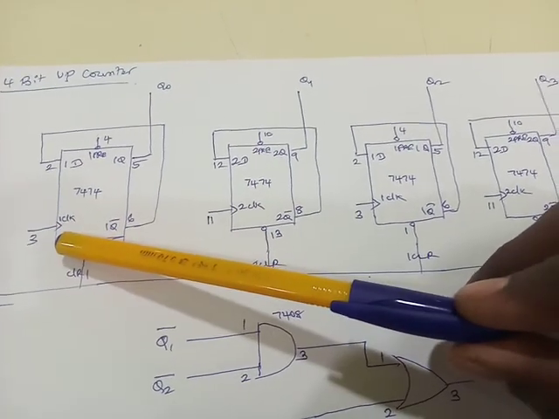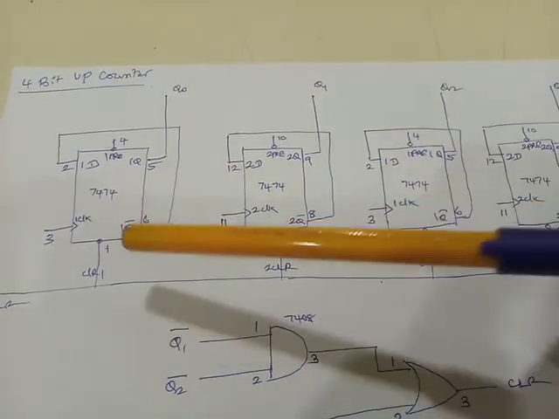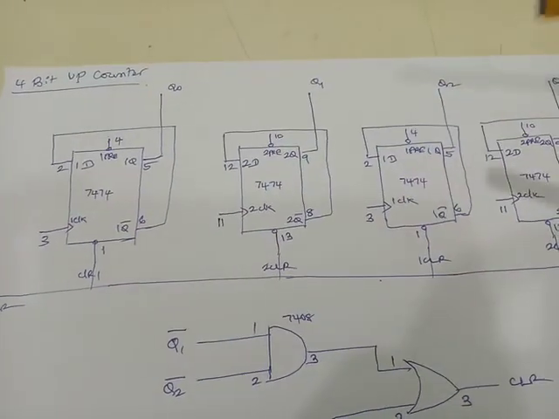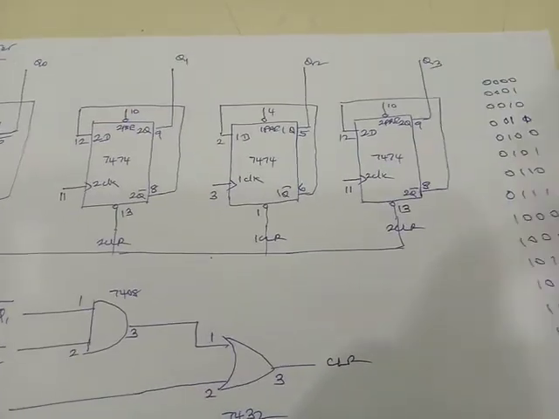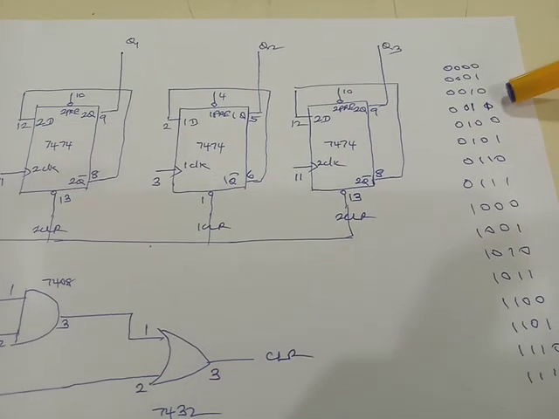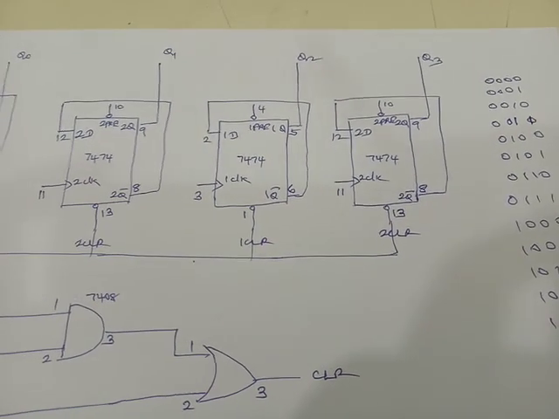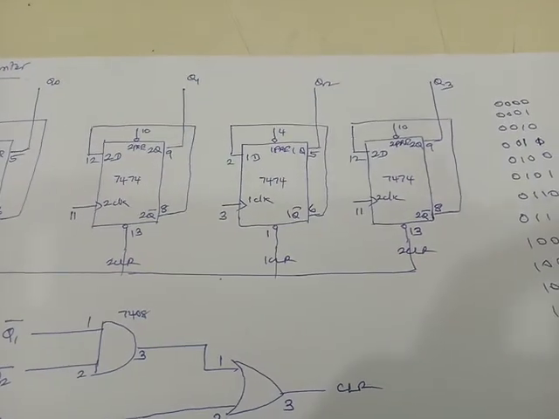If you give one more clock pulse, it will be 0001. Again, a clock pulse gives 0010, and likewise it will increase. It is an up counter, so it starts from 0 and goes 1, 2, 3, 4, 5, 6 up to 15. Now we will rig up the circuit as per this diagram and verify the 4-bit up counter using the trainer kit.